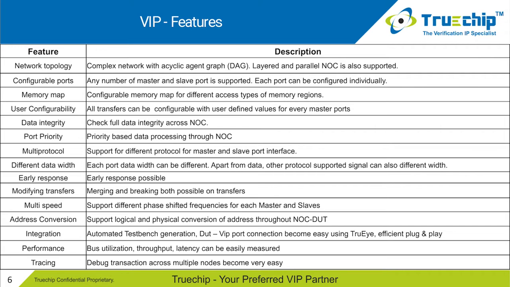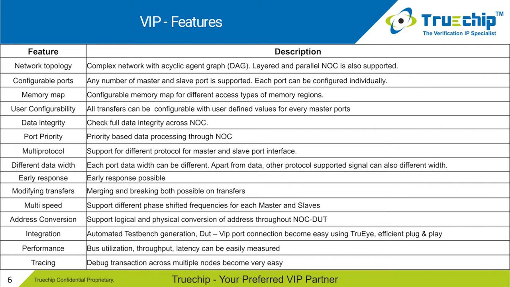VIP checks data integrity across the NoC. Priority based transactions are also supported by the NoC VIP. As we already discussed, every interface can support a different protocol for master and slave ports. Apart from different data widths, the VIP has different widths for other signals, like the user signal in AXI.